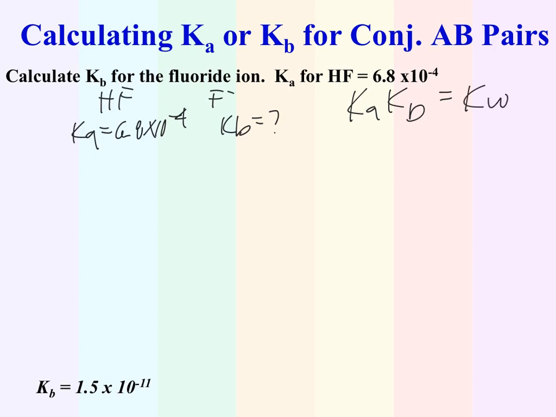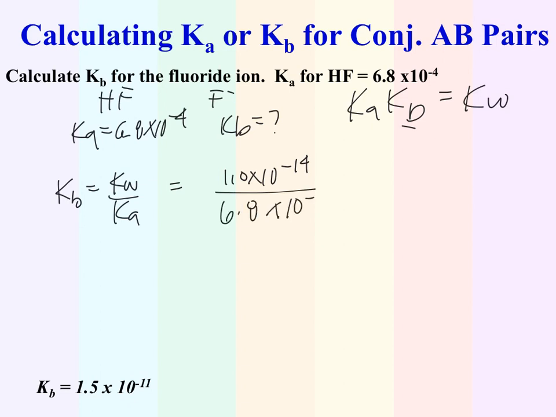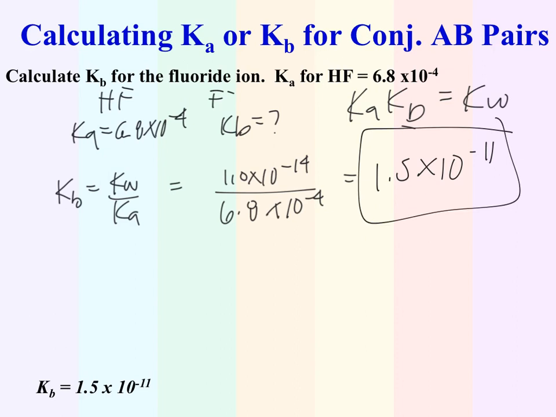If I want to know Kb, I need to manipulate the equation. So Kb is going to be equal to Kw divided by Ka. If we plug that in, 1.0 times 10 to the negative 14 divided by 6.8 times 10 to the negative 4, that's going to give us 1.5 times 10 to the negative 11 as our value for Kb for our fluoride ion.